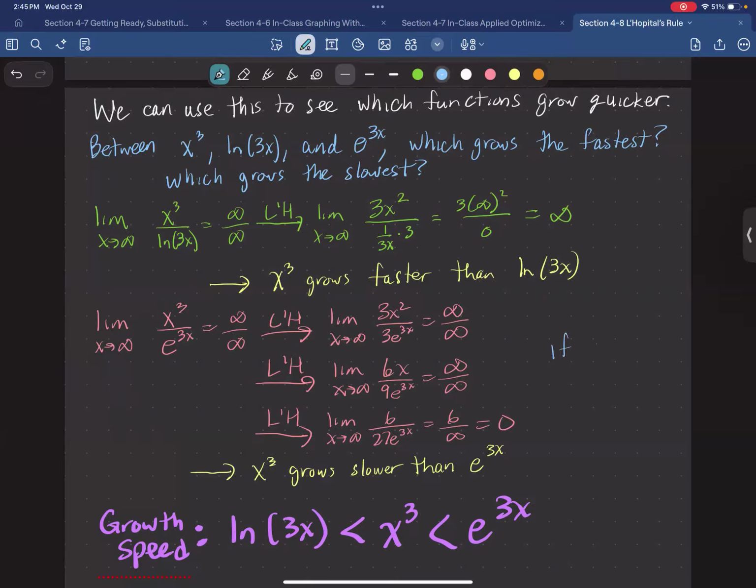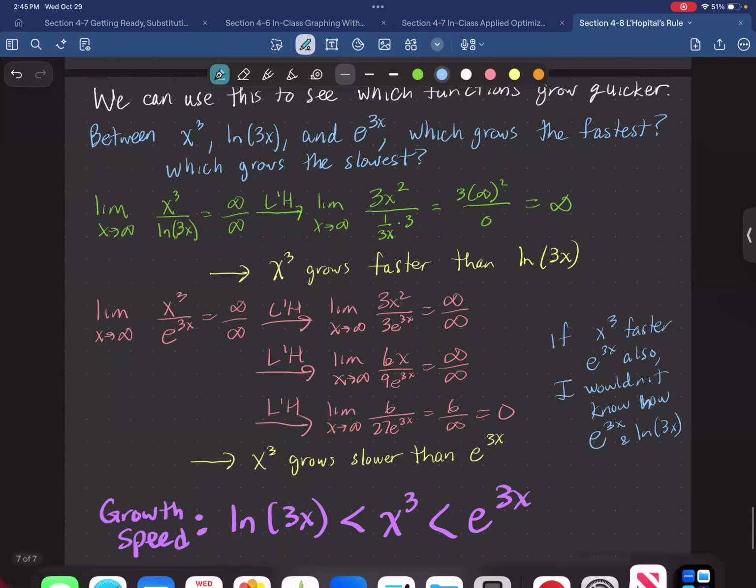If x cubed was faster than e to the 3x also, I wouldn't know how e to the 3x and natural log of 3x compared. So I would have had to do the same thing, another limit with them.